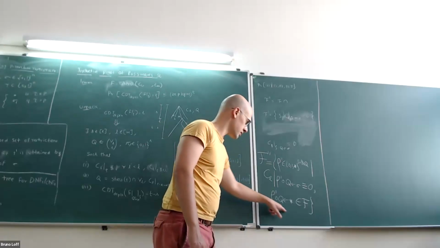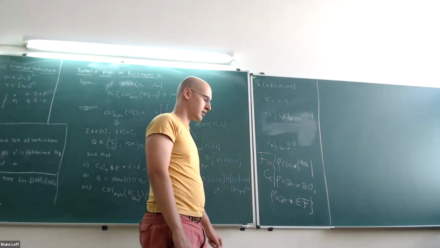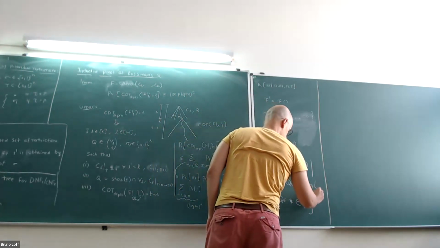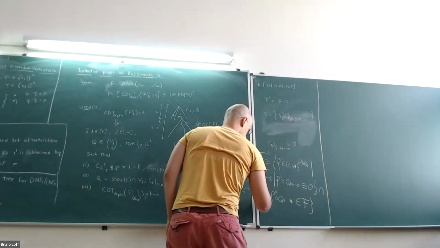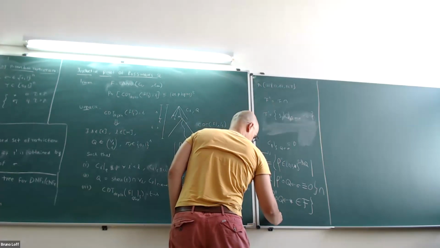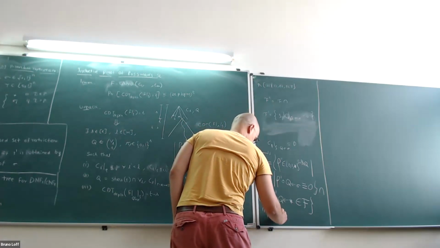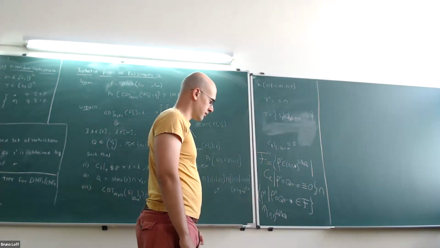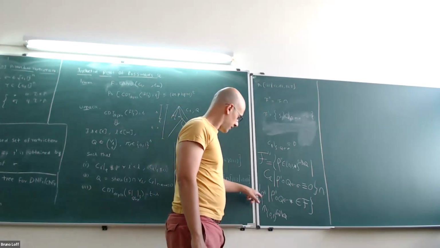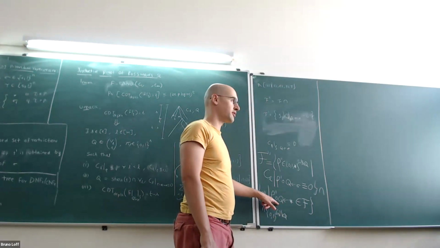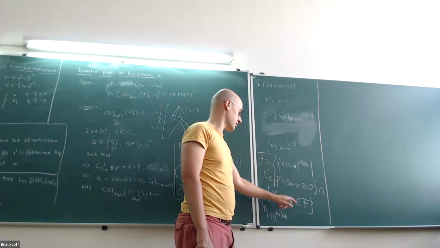And this is downward closed, right? I take an assignment to all variables in set Q. I can extend it to an assignment of all the variables by setting the things in Q to star.